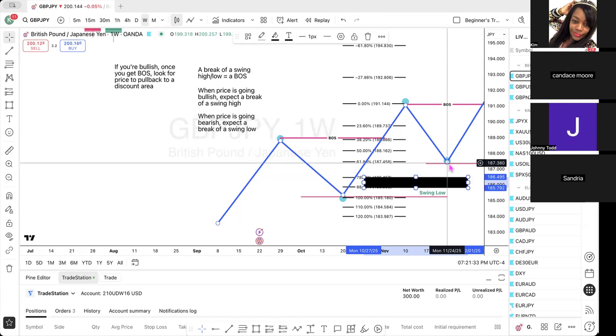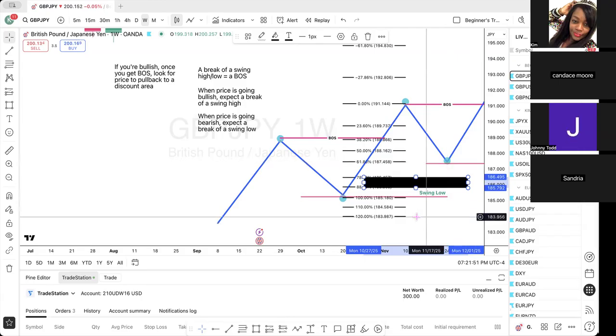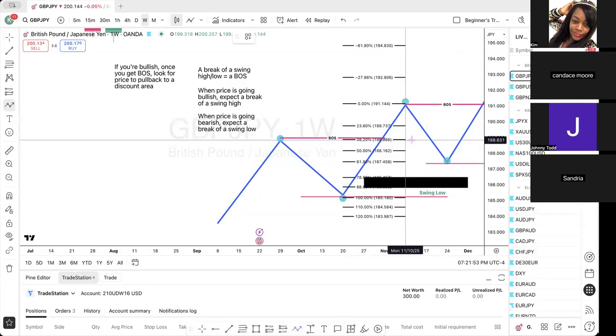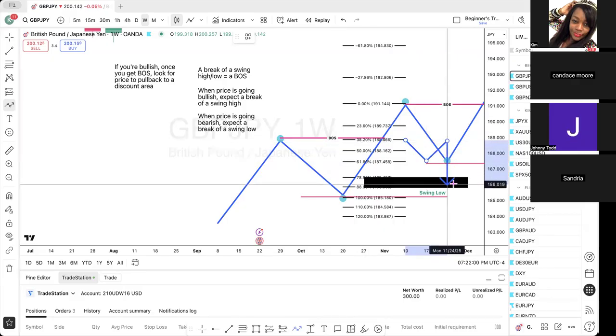But I've seen, like, Todd, if it comes back to the 50%, 618 and he sees whatever he's looking for, he'll take it from there. But I've seen too many times that price would come to this zone, right? And then push up and then push back down to here.